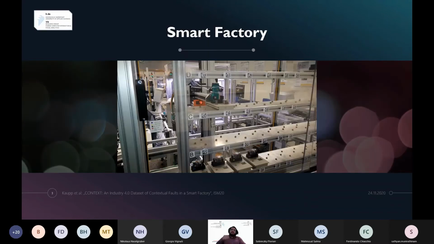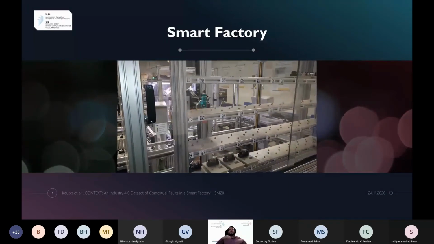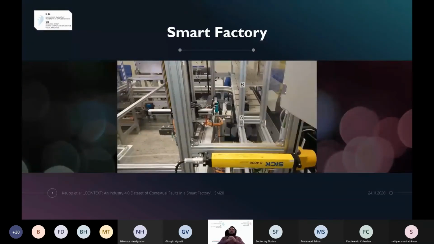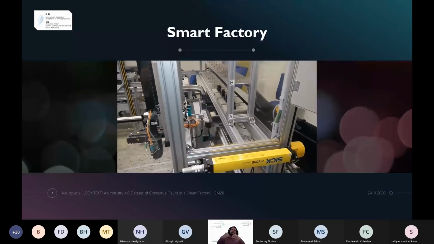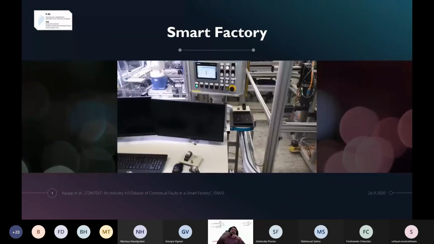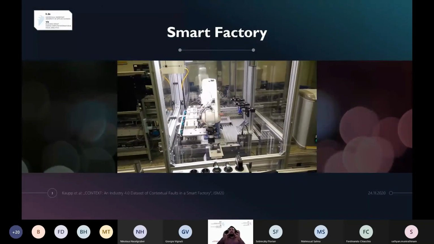Before I go into detail about our findings, I will show you the assembly process in our smart factories that was recorded in our dataset. First, the robot takes unassembled parts out of a high bay storage onto a shuttle system. Next, it gets assembled by a 6-axis robot.